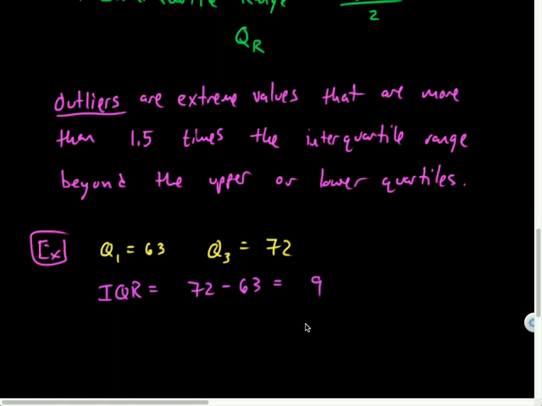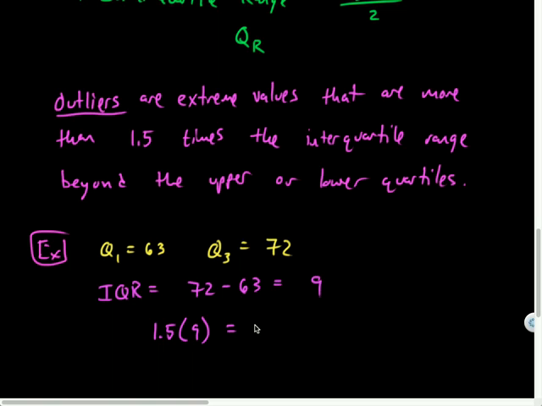And how do I know whether or not I have outliers? Where would my outliers have to be? Well, they'd have to be 1.5 times this value. So 1.5 times 9. That's 3 halves, so that's going to be 27 halves. I'll give it as a decimal.